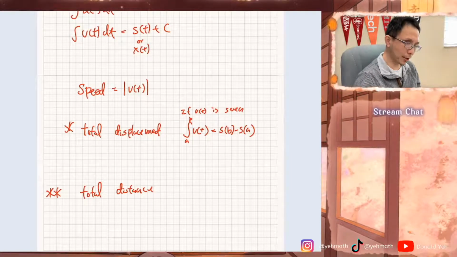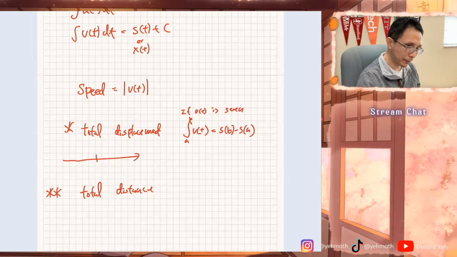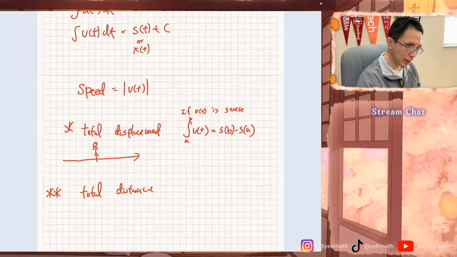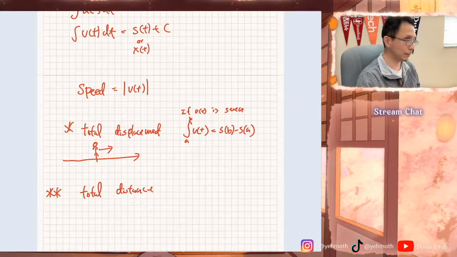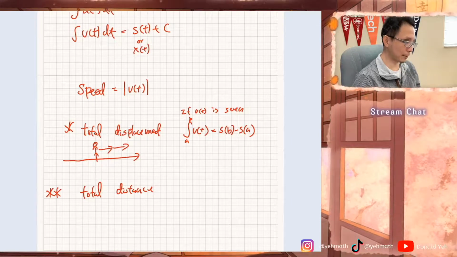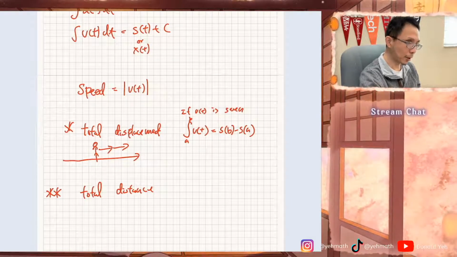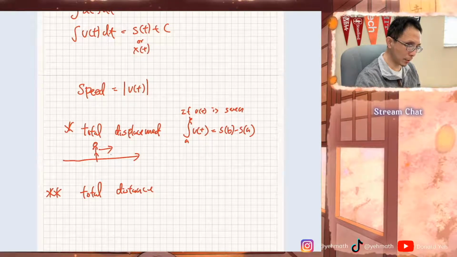So I'm going to create a situation. This is Mr. Ye, right in here. Actually, let's just go with something easy. I'm going to go 1 step forward and 1 step back.